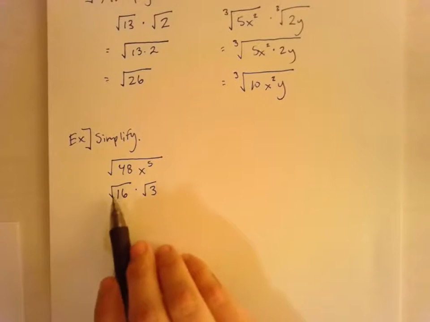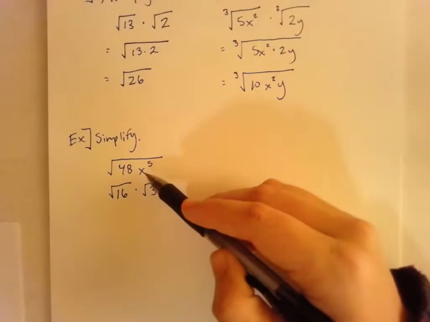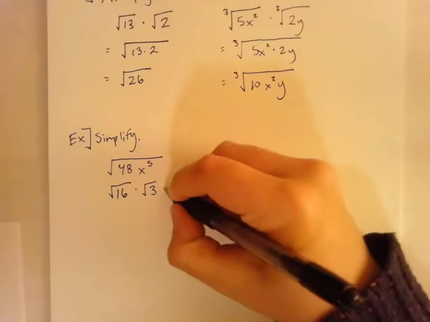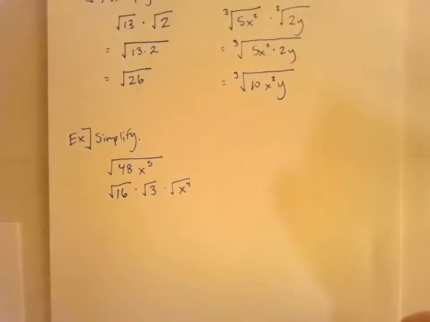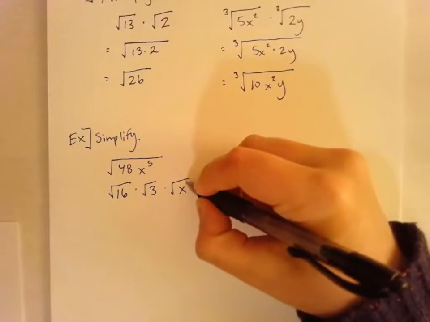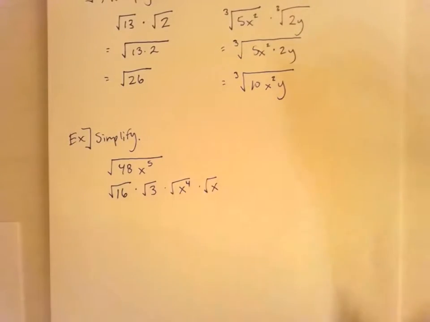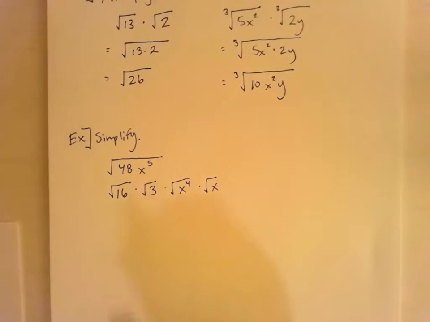I know in a second that's going to simplify to something else. Next, I do the same thing with this x to the 5th. I know that x to the 4th is a perfect square variable. So I'm going to break that up as x to the 4th times x, because x to the 4th times x is x to the 5th. Again, I know this is going to simplify to something.